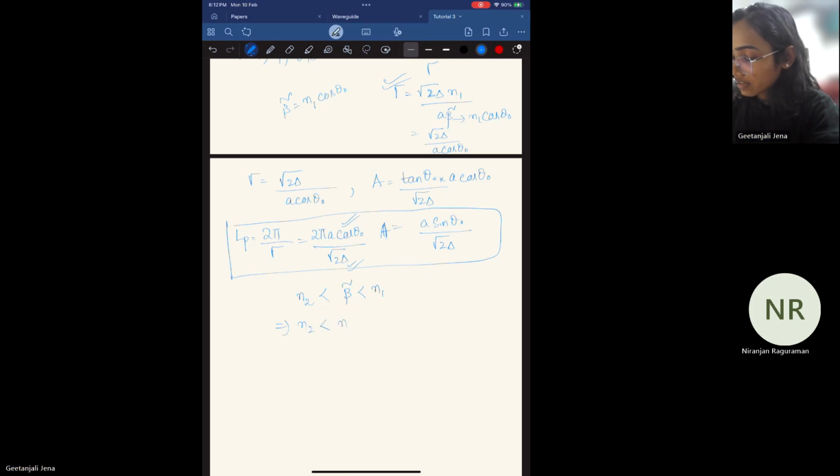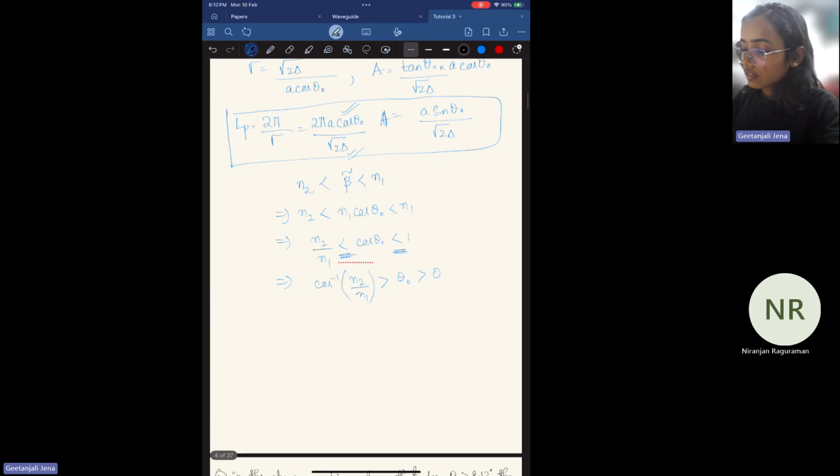Beta tilde is n1 cos theta 0, so if you divide by n1, it is cos theta 0 between n2 by n1 and 1. When we take the cos inverse, the sign will change. So cos inverse n2 by n1 should be greater than theta 0, which should be greater than cos inverse 1, which is 0 degree. This is the condition for ray guidance.